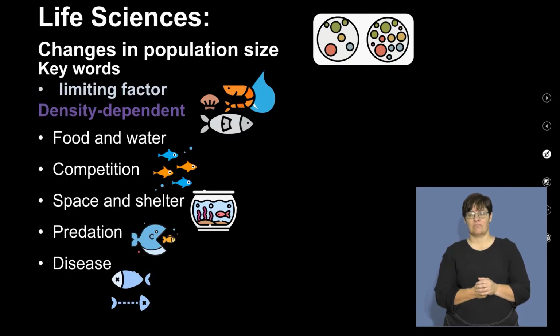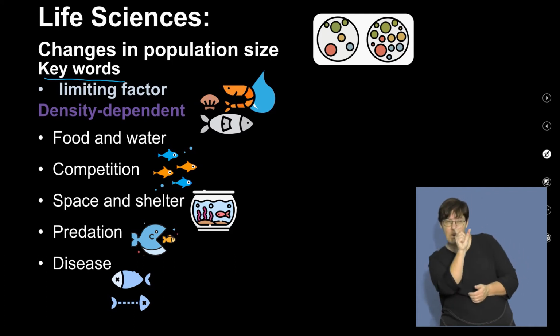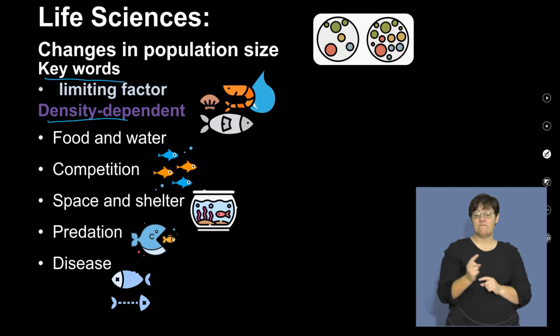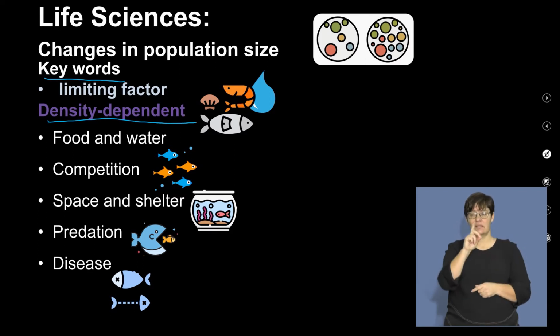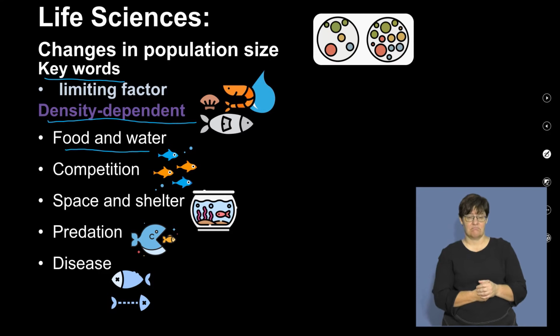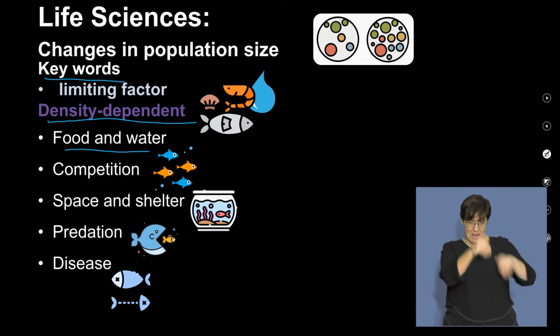Here are a number of key words again, and this is where you've got to be remembering these terms. We're first going to look at density dependent limiting factors. Food and water. Let's take that as a limiting factor.